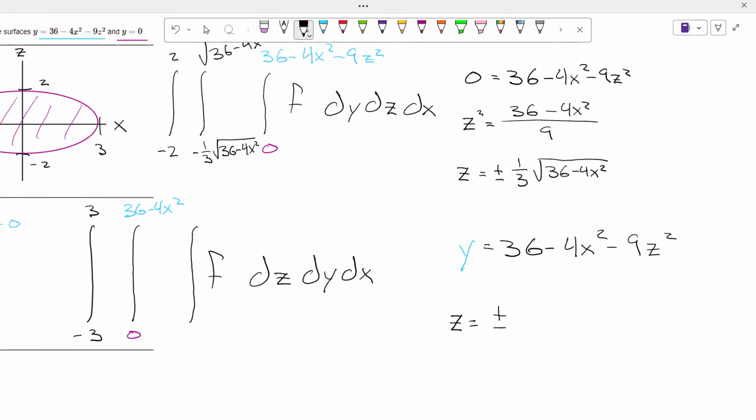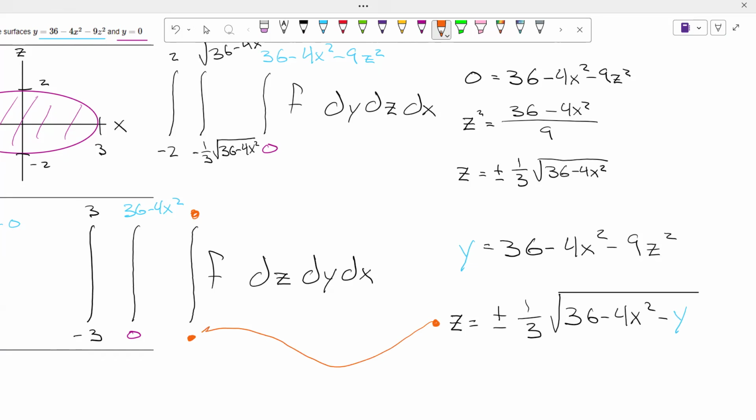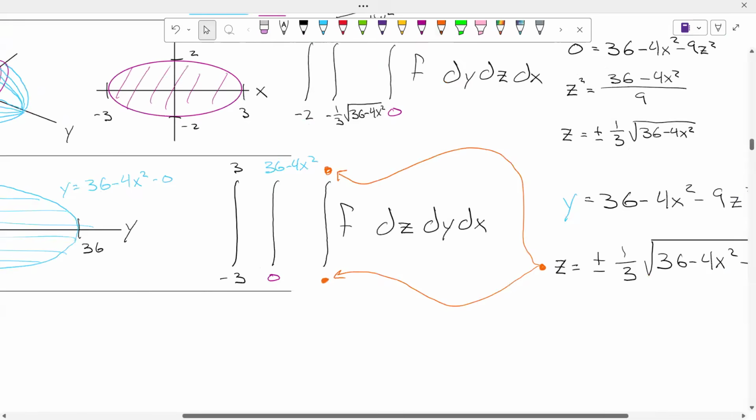It's going to be plus or minus 1/3 the square root of 36 minus 4x squared minus y. And then, how about orange? Those two are going to go here and there. Positive on top, negative on bottom for those plus or minus in our square root options.